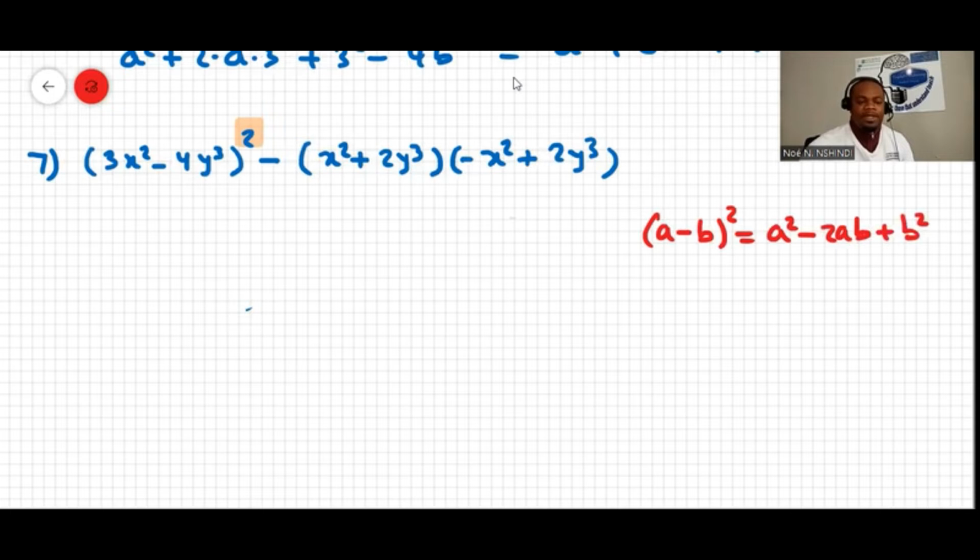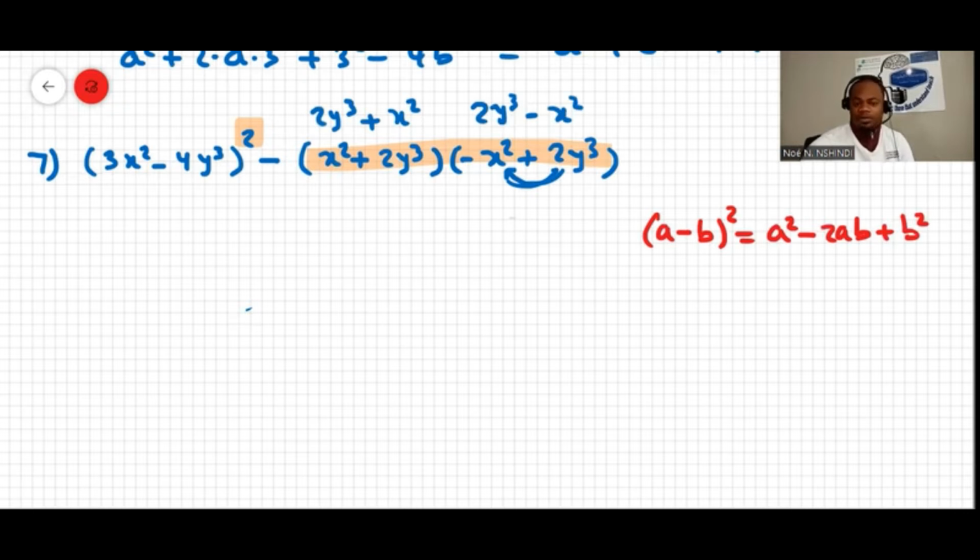When I look at this other part, we can make a difference of two squares here because we have x squared plus 2y cubed and then negative x squared plus 2y cubed. There are different ways of making a difference of two squares. For instance, I interchange the sides: over here I write 2y cubed plus x squared, and I swap the sides, so it's 2y cubed minus x squared.